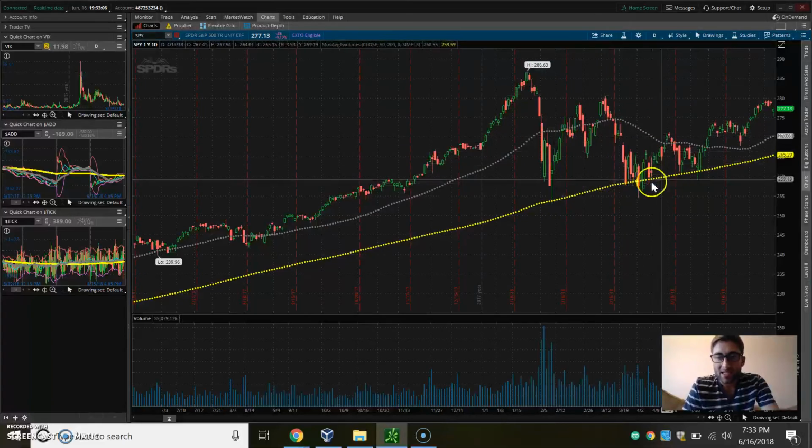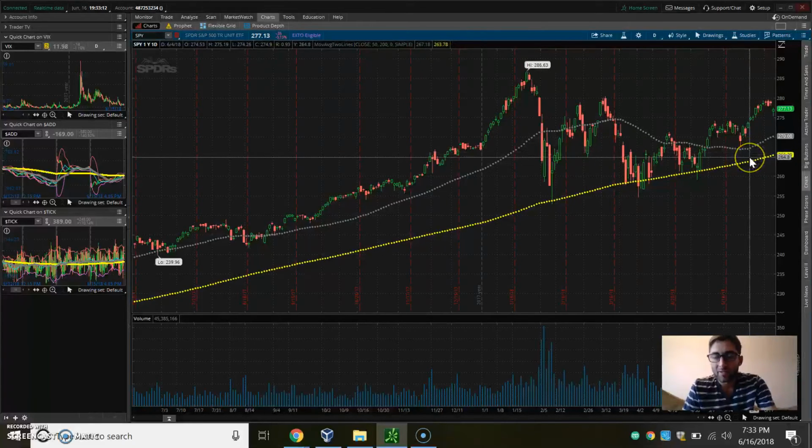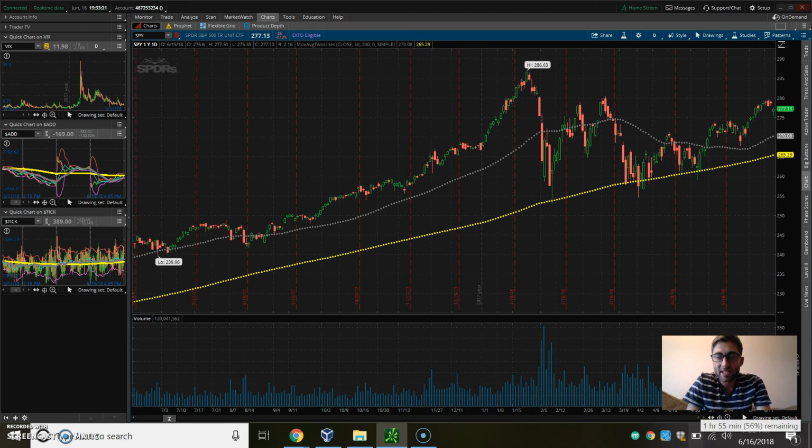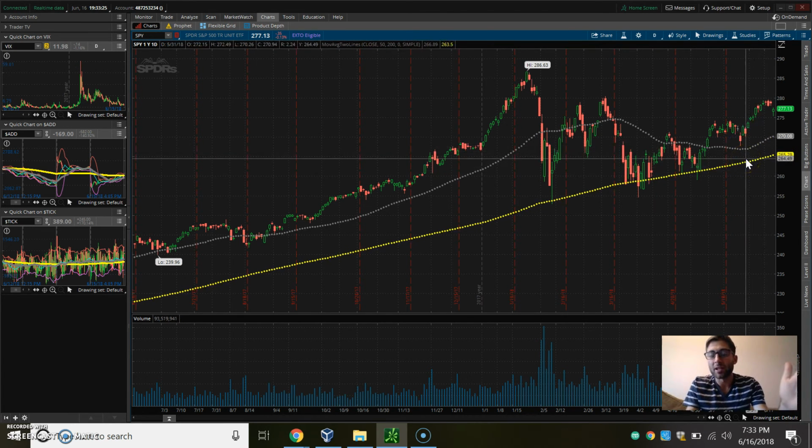And we spent a lot of time between the 50 and the 200 day to the point where they almost touched here. And if they don't cross, what you want to see is them getting very, very close together, like they do here, and then spreading apart again.